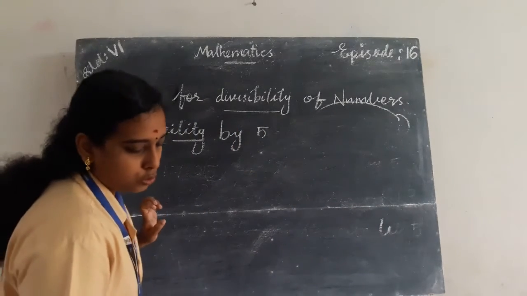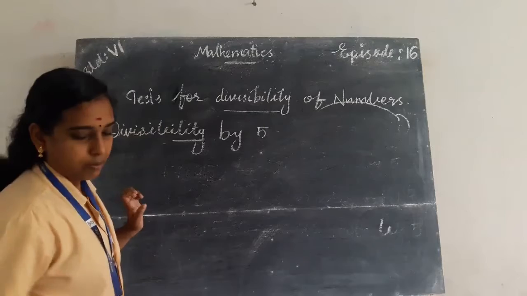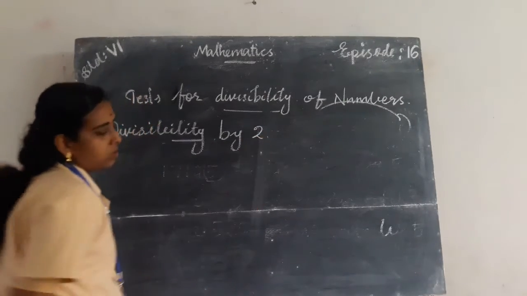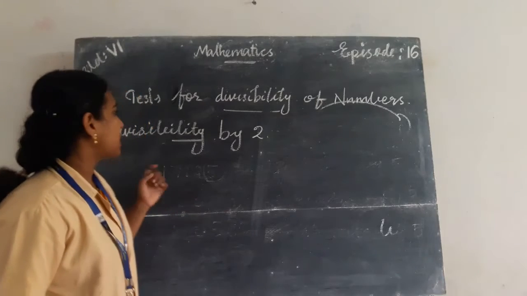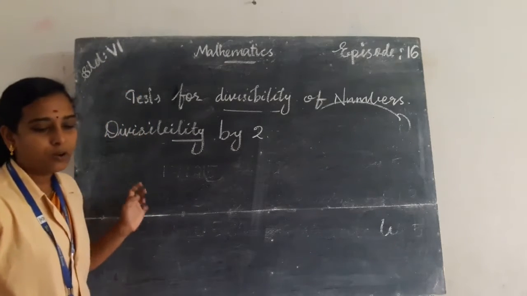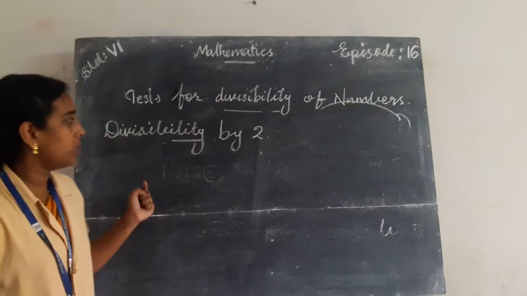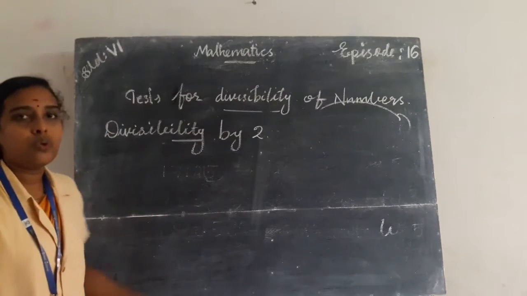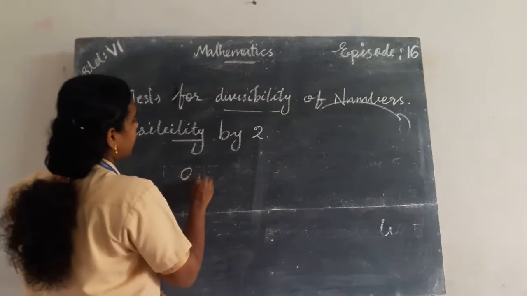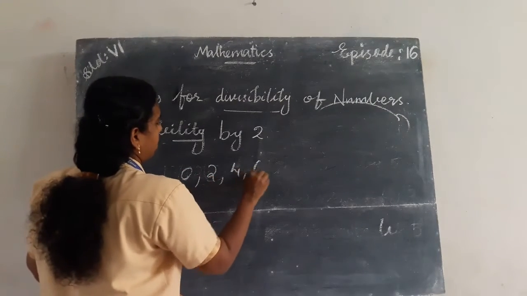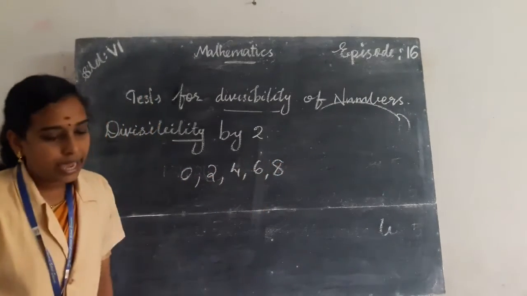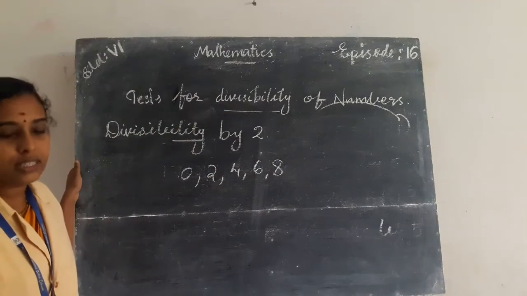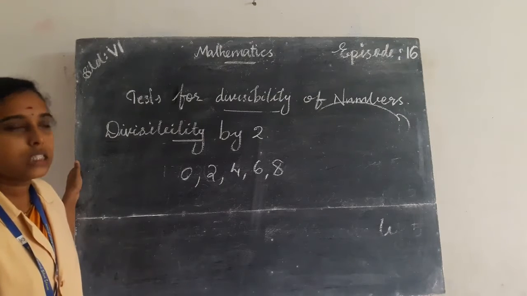The next test is divisibility by 2. To check whether a number is divisible by 2 or not, the rule is a number is divisible by 2 if it has any of the digits 0, 2, 4, 6, 8 in its ones place.